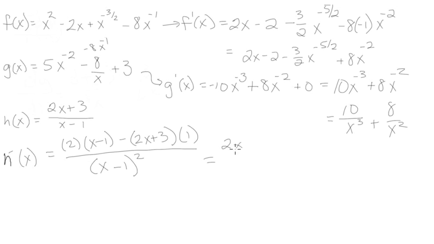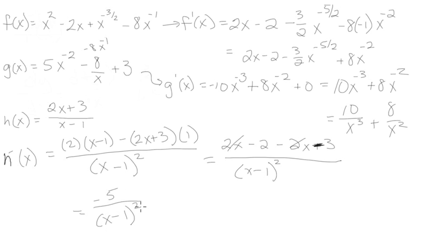I get 2x minus 2 minus 2x plus 3 over x minus 1 squared. My 2 x's cancel out. Sorry, that should have been a negative 3, not a positive 3, because the negative sign distributed. I get that the numerator is negative 5 and the denominator is x minus 1 squared. In this case, it's possible the quotient rule was actually easier. It's sort of six of one and half a dozen of the other.